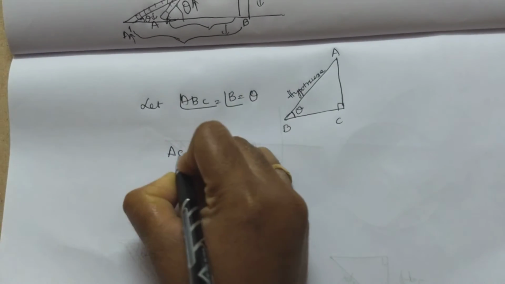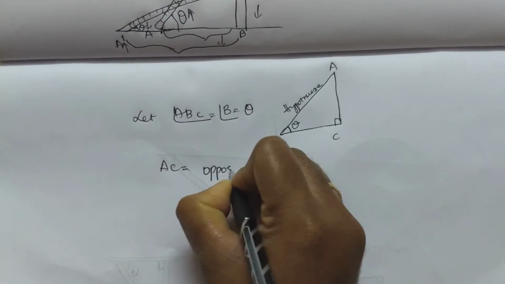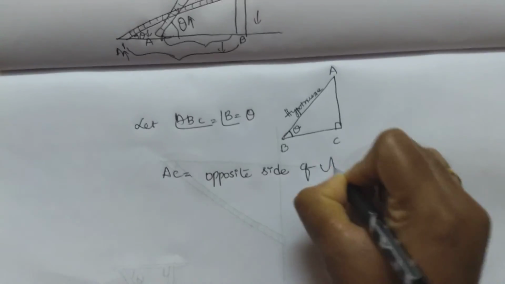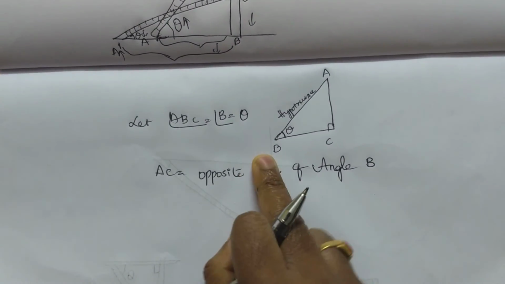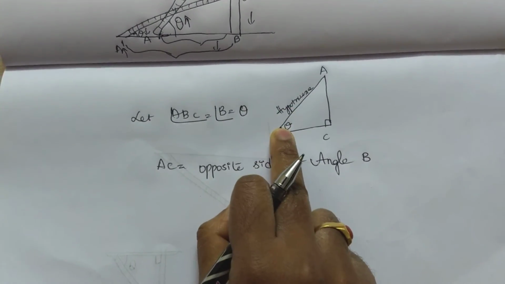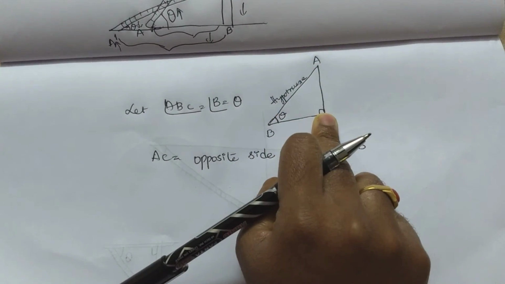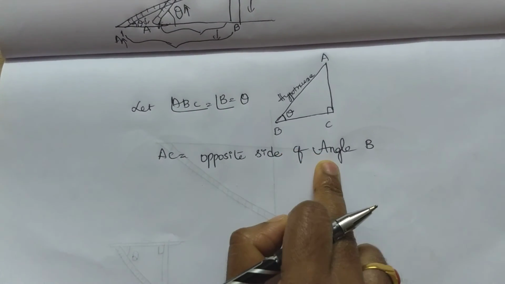So AC is the opposite side of angle B, whatever the angle it may be. See here, this theta we have considered as the reference. So the side opposite to this angle, AC, is called the opposite side of angle B.